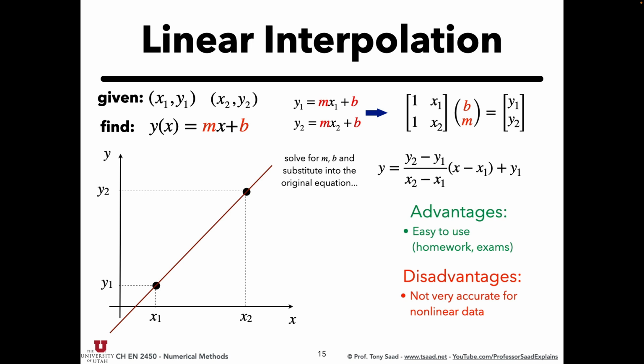But it's not very accurate for nonlinear data. If the data in reality between those 2 points varies in some nonlinear way, which could be with temperature perhaps, okay, then you're not very accurate. You're putting a straight line whereas the data is truly sinusoidal maybe, or cubic. Okay, so you're not going to be very accurate.